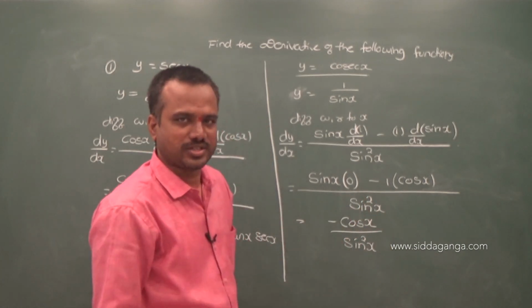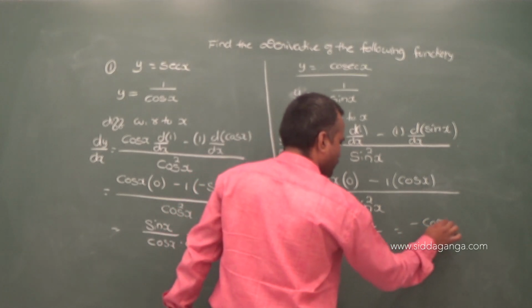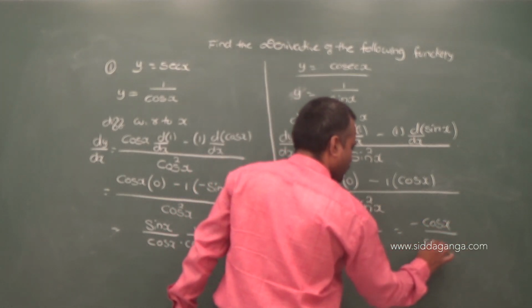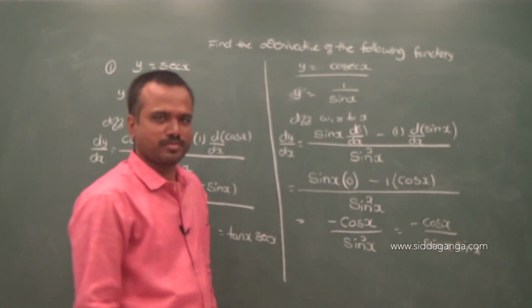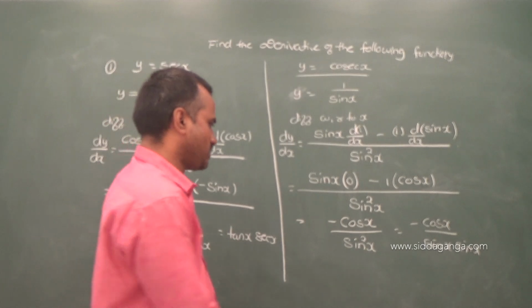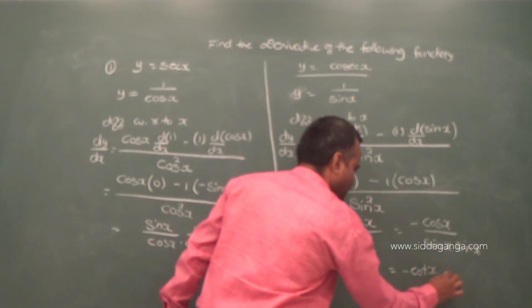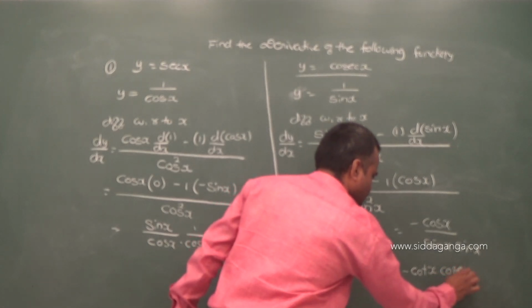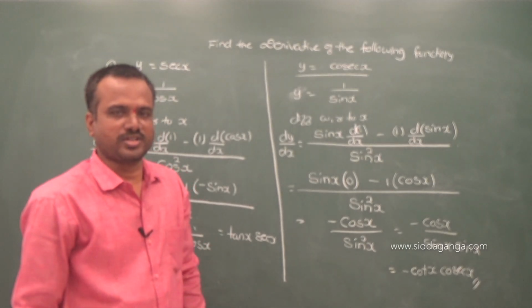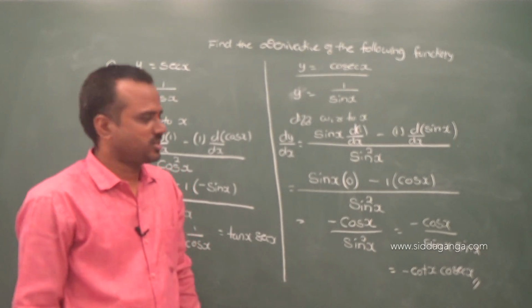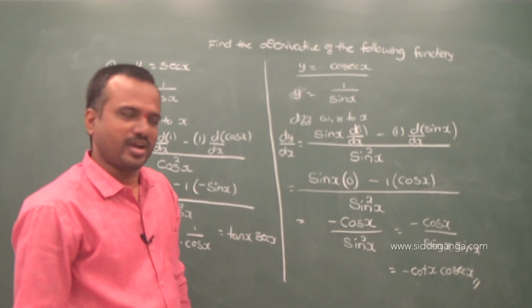Divided by sin square x. This we can write as minus cos x by sin x into sin x, which is minus cot x into cosecant x. Minus cot x into cosecant x.